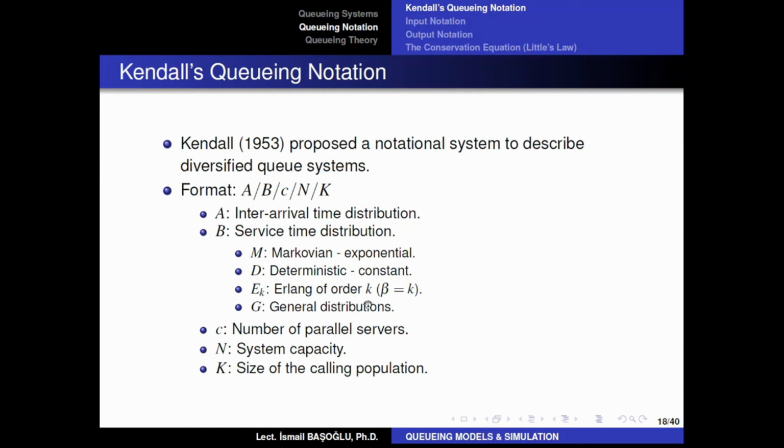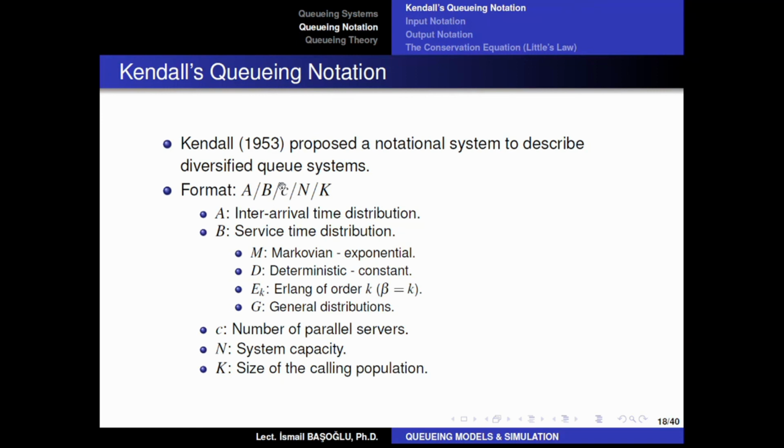And order K means the shape parameter is equal to K. And EK means, for example, if you write E2 in the beginning, this means the interarrival times are Erlang distributed with shape parameter 2. Second order Erlang distribution. For any other distributions other than exponential or Erlang, we write G, generally distributed.